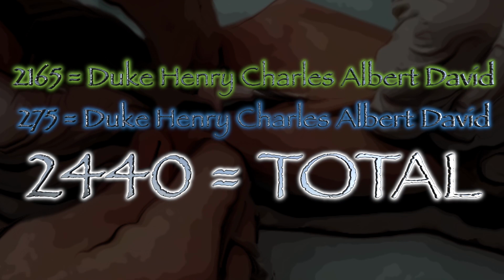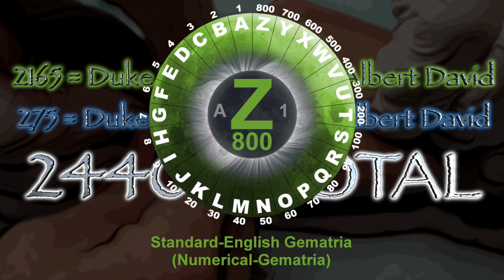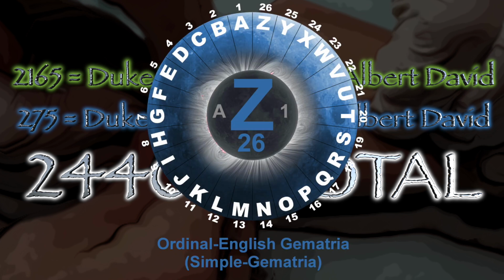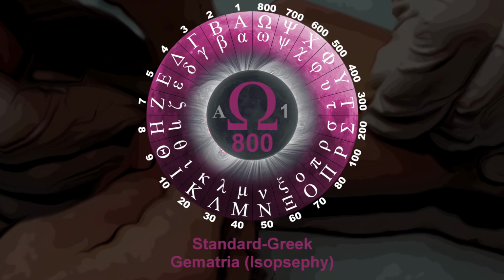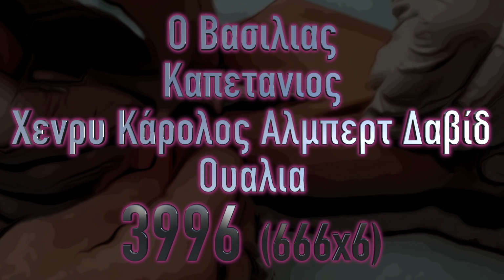Duke Henry Charles Albert David using standard English Gematria and ordinal English Gematria combined to equal that number. Also equaling 3996 is the following Greek name, using standard Greek Gematria: the King Captain Henry Charles Albert David Wales, also equals 3996.